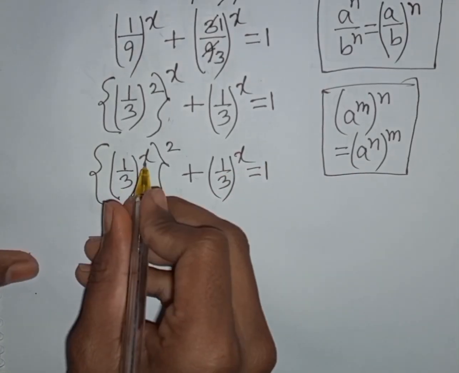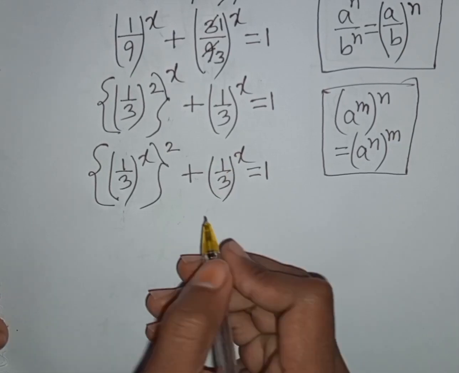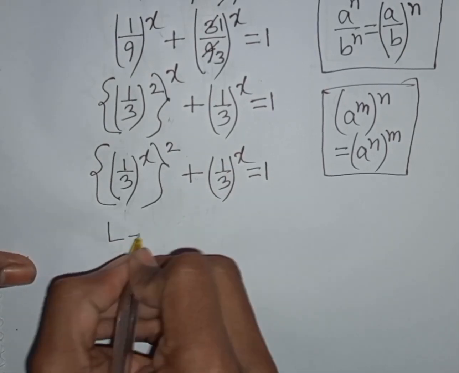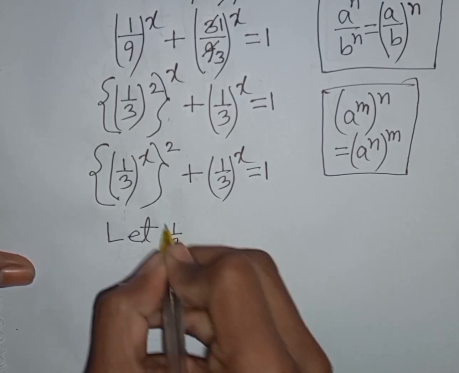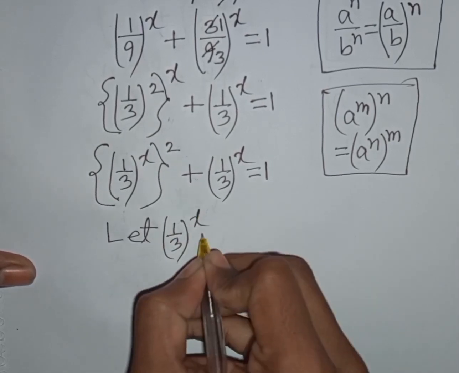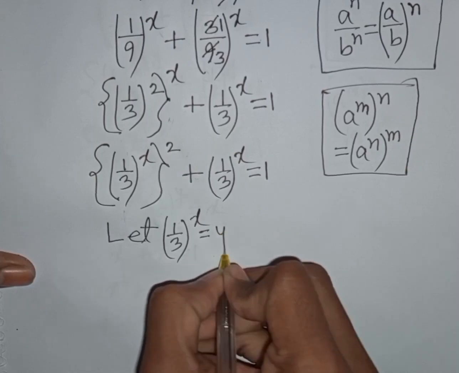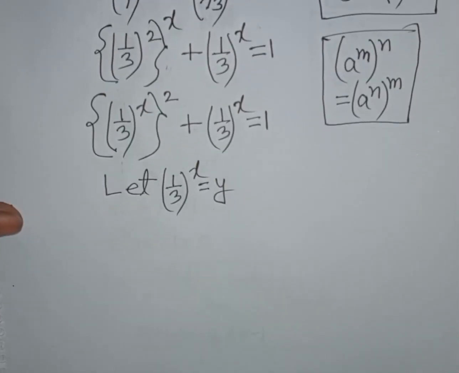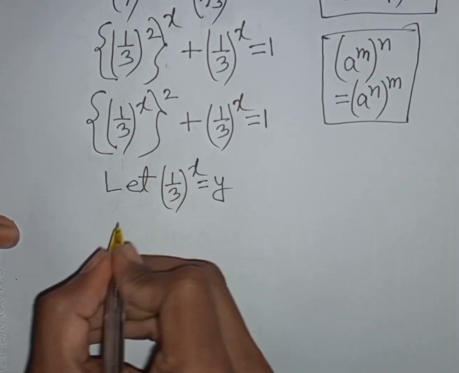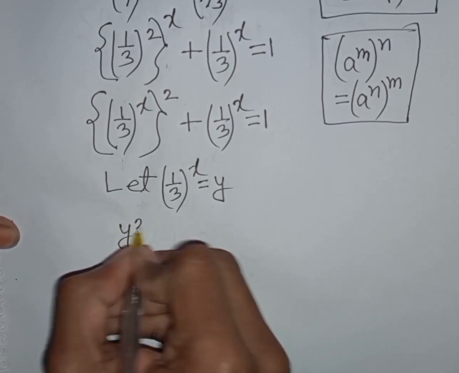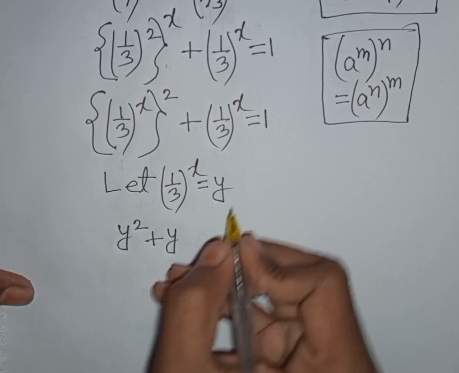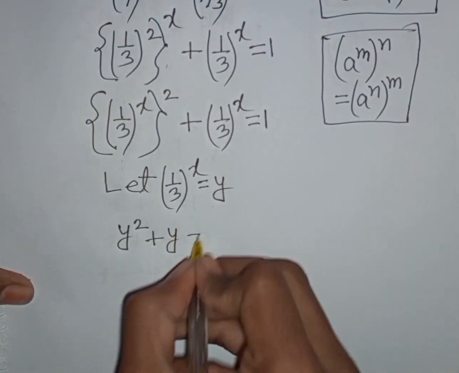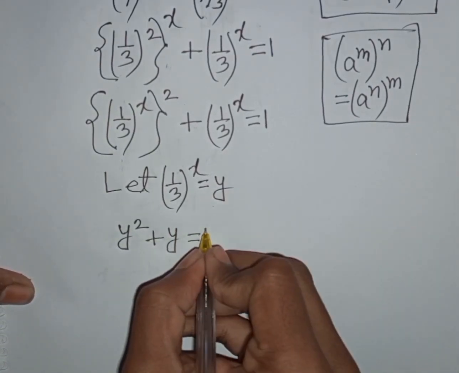Now we see (1/3)^x and (1/3)^x, both terms are the same. So let (1/3)^x be substituted by y. So our equation will be y square plus y is equal to 1.